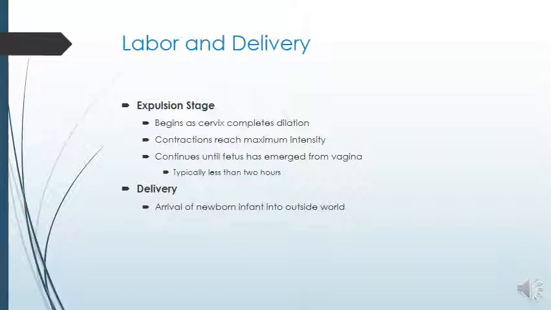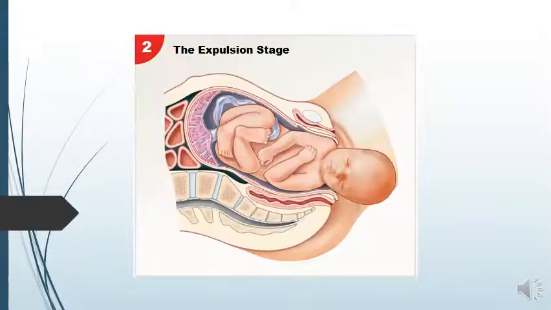The expulsion continues until the fetus has emerged from the vagina. In most cases, the expulsion stage lasts less than 2 hours. The delivery of the newborn infant into the outside world is the delivery or birth. This slide is showing you the second phase, the expulsion stage.